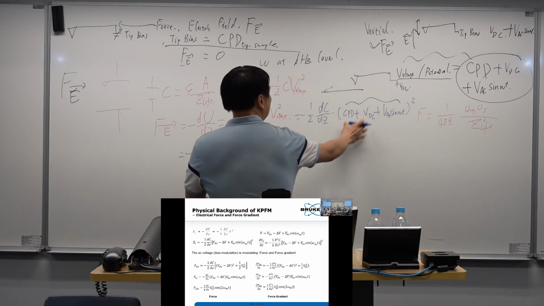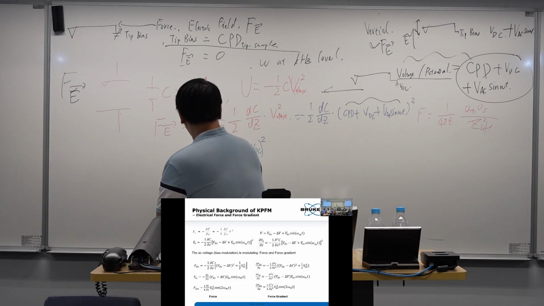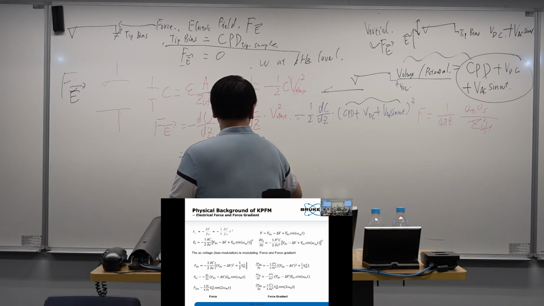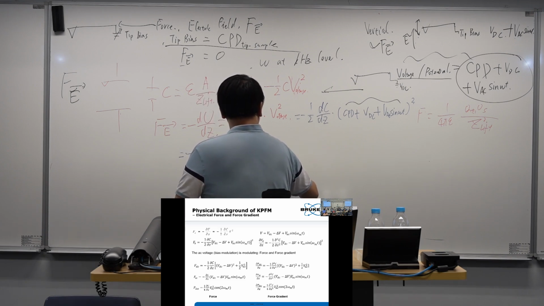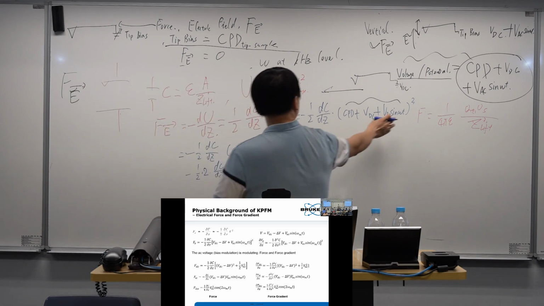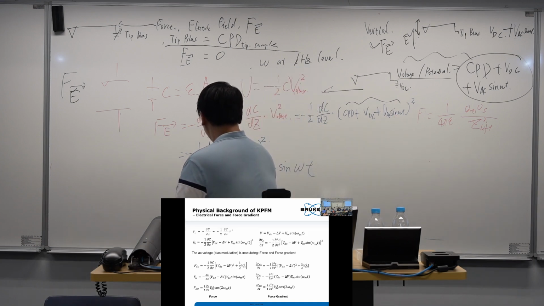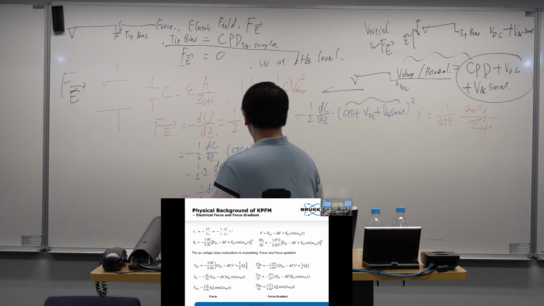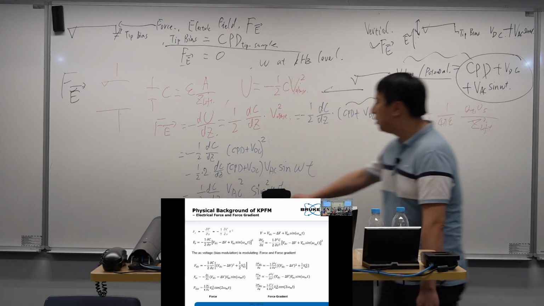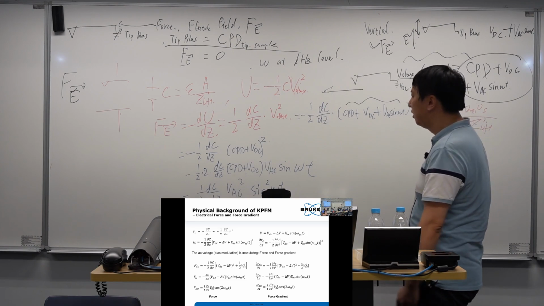Okay, the second term is this one times this one, so it's the negative times 2 times dC over dz, (CPD plus VDC) VAC sine omega t. Okay, and the third one is this one, so it will be negative dC over dz VAC square sine omega t square.